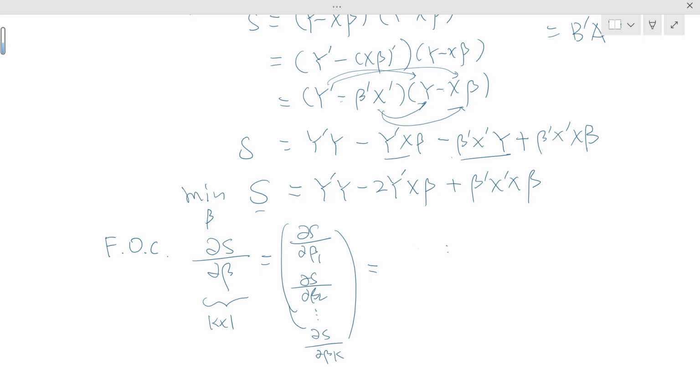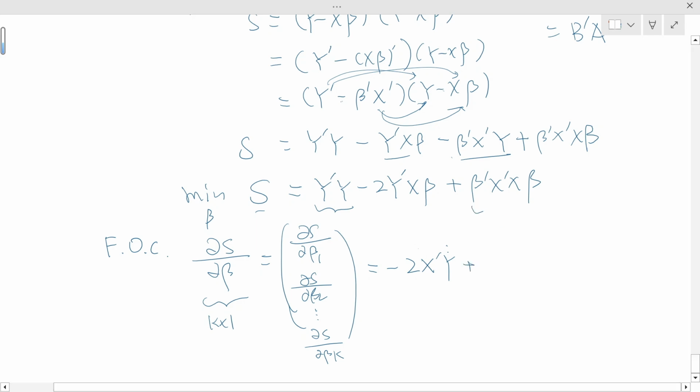The first term of s does not depend on beta, so when you differentiate with respect to beta, it disappears. The second term is negative 2 x prime y. We have y prime x beta, and differentiating with respect to beta, we get 2 x prime y. You might be wondering why. I'll show you in a moment.